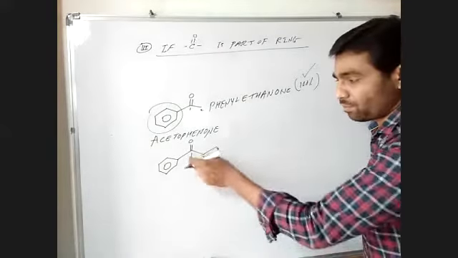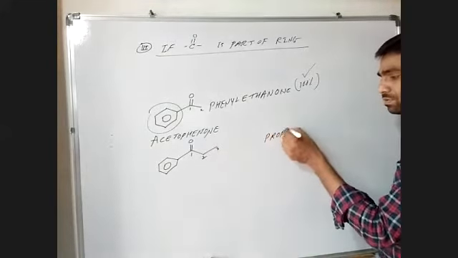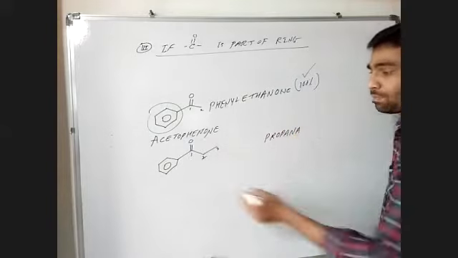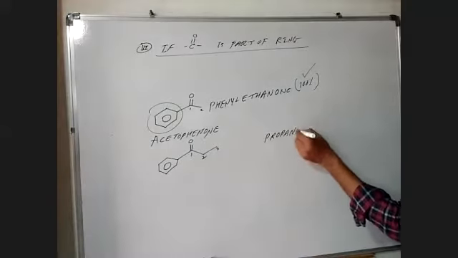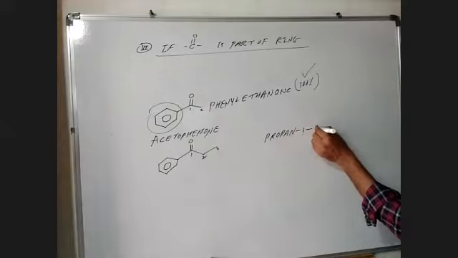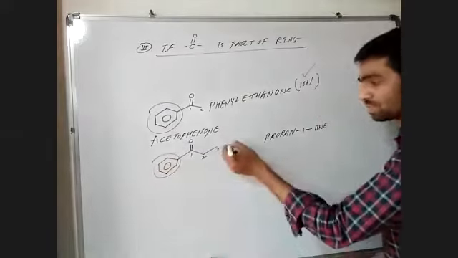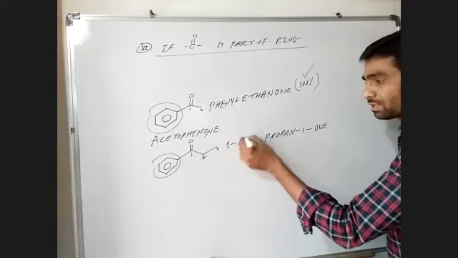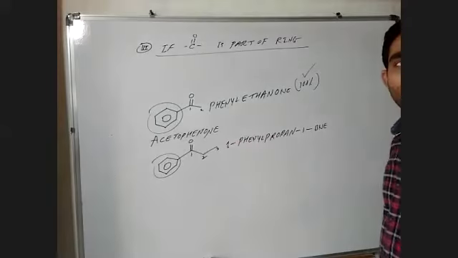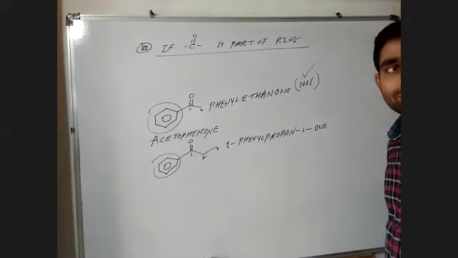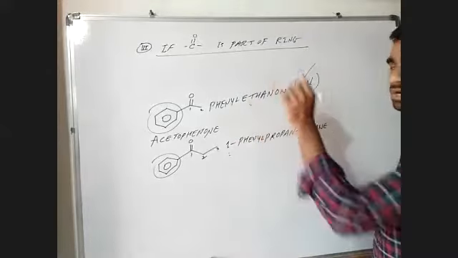So I can write propane, but position is really important. So propane, 1-one, and there is a phenyl at the 1 position. So the complete name will be 1-phenylpropan-1-one. So why are numbers required here and not there?